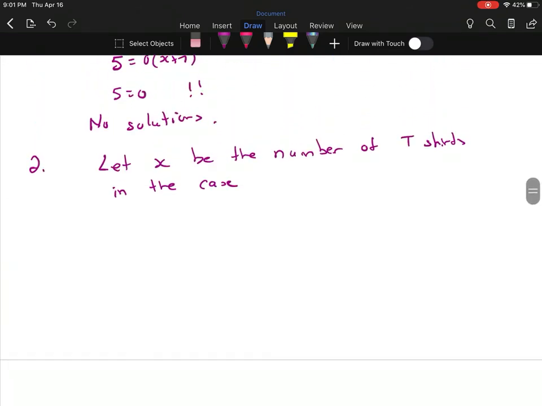There, that'll give me that extra page. Okay, let X be the number of t-shirts in the case. There we go. Now, I need an equation for the situation.